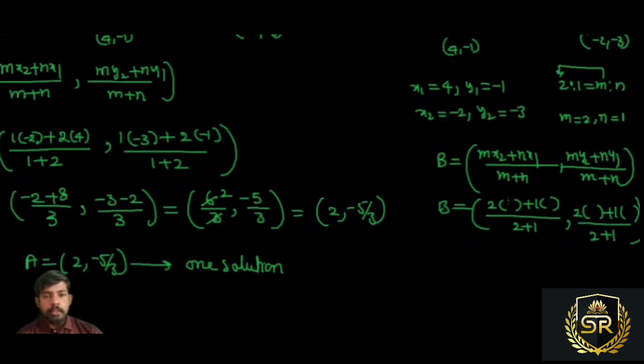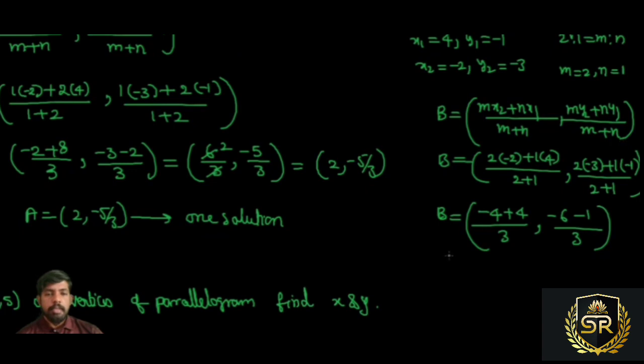x2 is minus 2, x1 is 4. In a similar way, y2 is minus 3, y1 is minus 1. So B is equal to 2 2s are minus 4 plus 4 by 2 plus 1 is 3, comma 3 2s are minus 6, minus 1 into 1 is minus 1, by 2 plus 1 is 3.